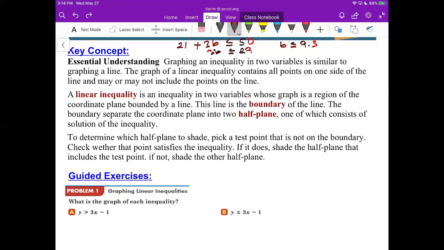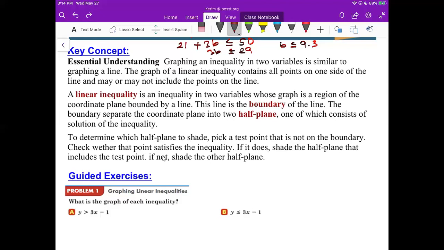One consists of the solution, the other does not. As you remember from the do now, the shaded region is one half, the solution side, and the unshaded side is not the solution side, okay? So we'll practice how to determine this.